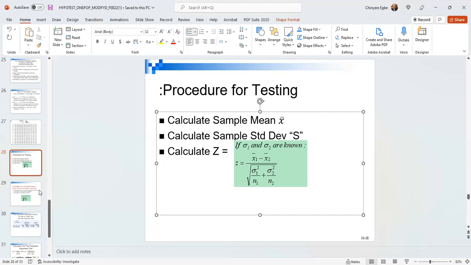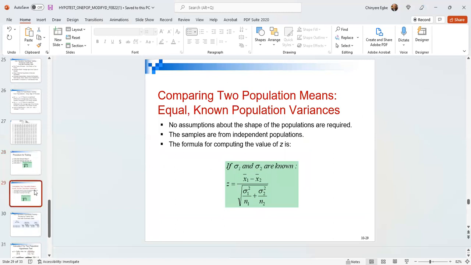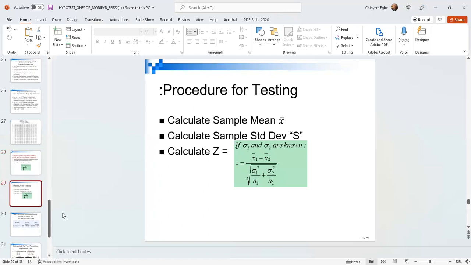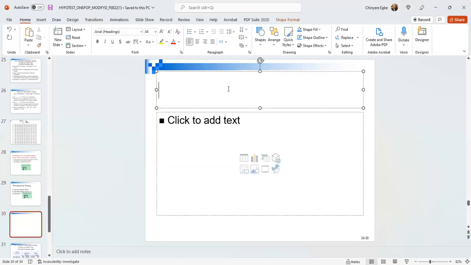So you calculate Z, and then the next step will be the decision process.